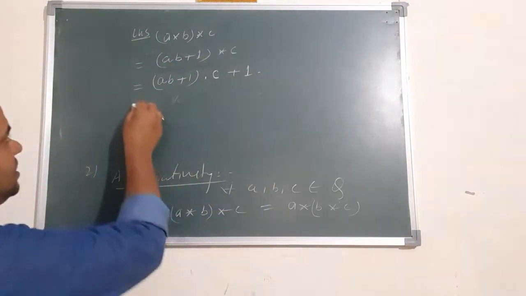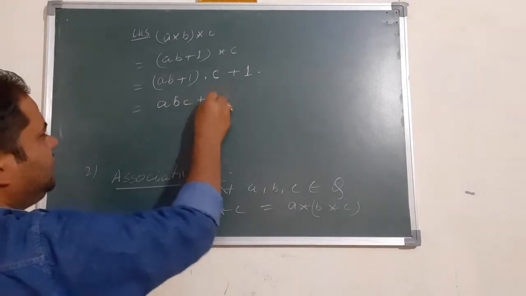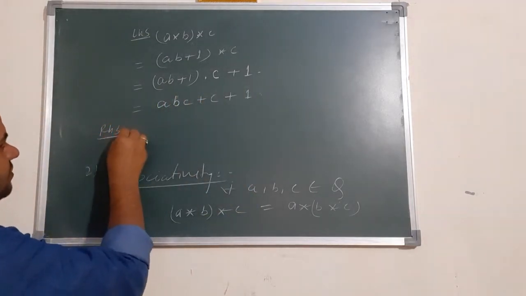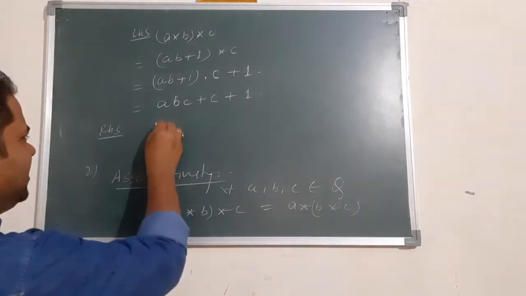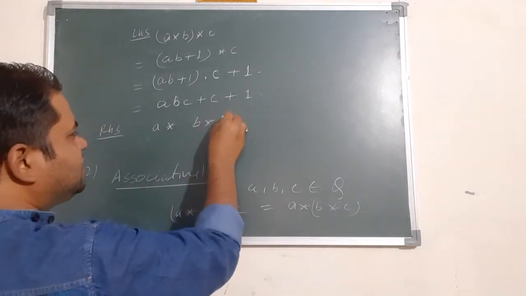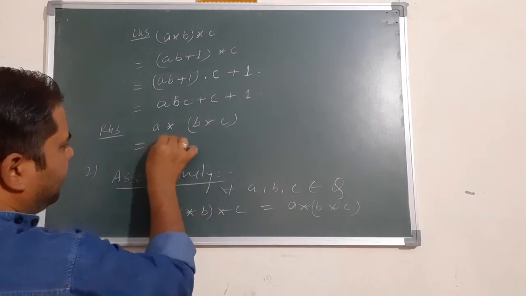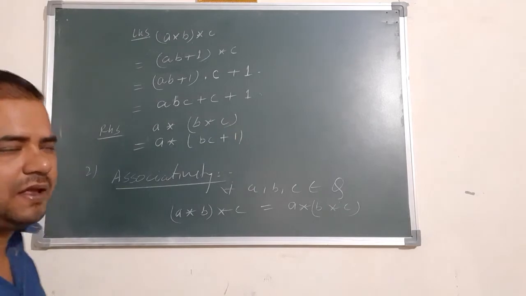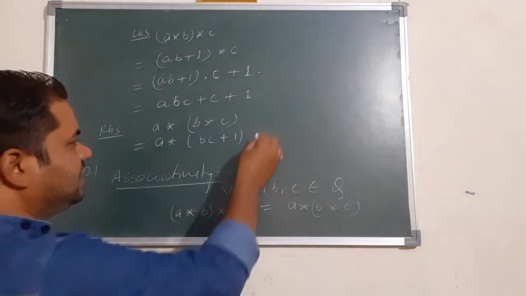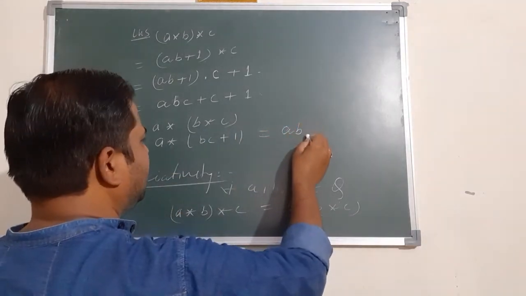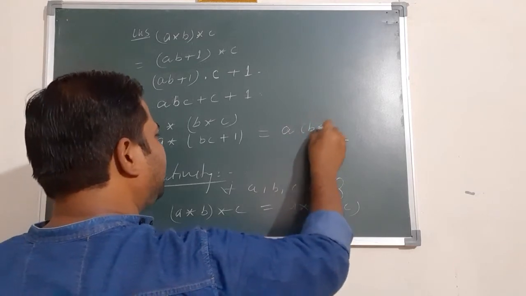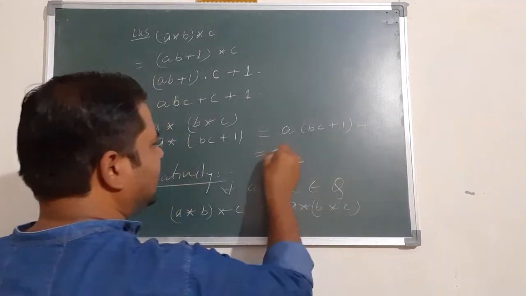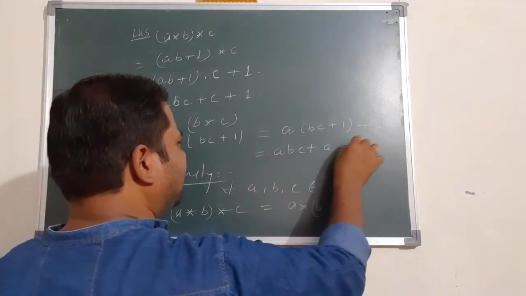This is nothing but ABC plus C plus 1. Now if we take RHS, this is A star (B star C). B star C is BC plus 1, so this is A times (BC plus 1) plus 1. So this is ABC plus A plus 1.